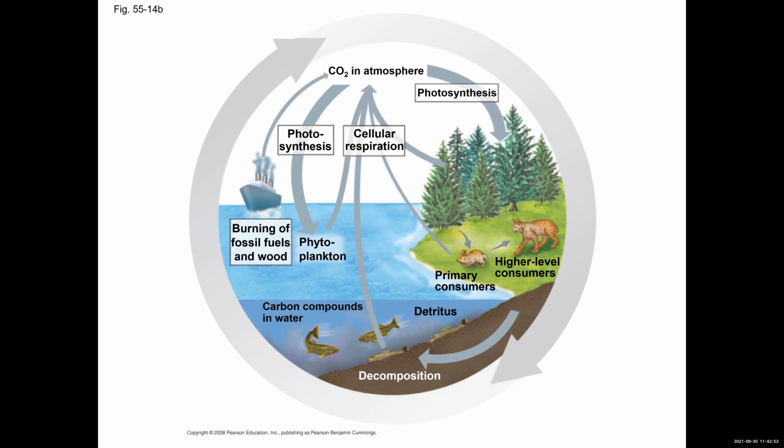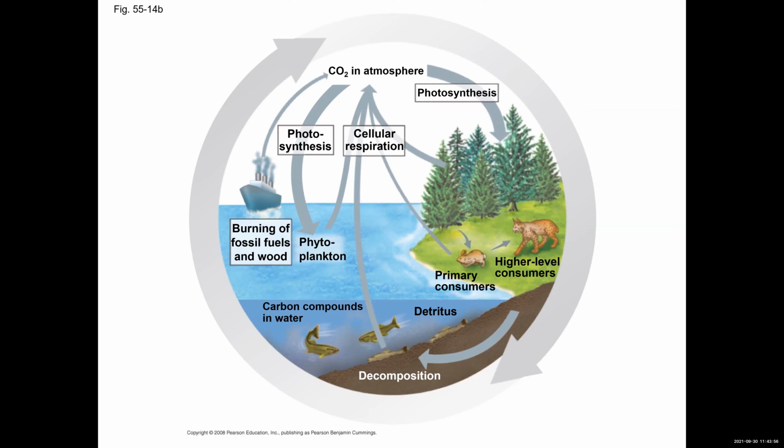And again, we have a fancy picture from the textbook that's showing plants and animals, some important things we already talked about from the diagram showing the difference between how energy and nutrients move through the ecosystem. We've got cellular respiration moving carbon dioxide into the atmosphere. We've got photosynthesis pulling it out of the atmosphere.